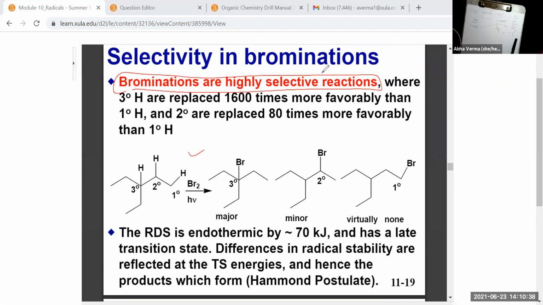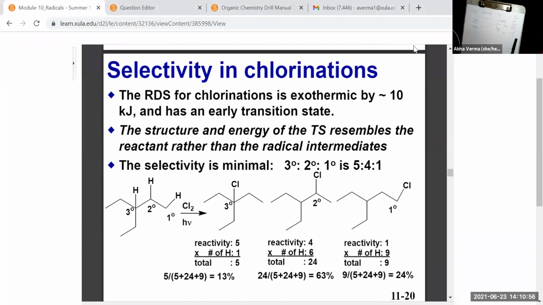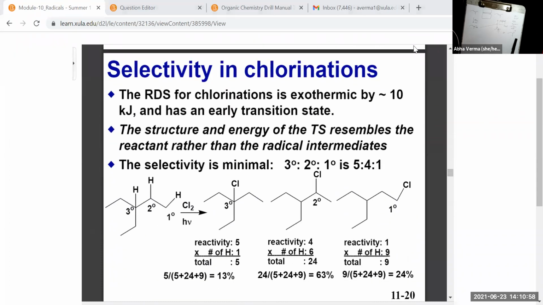So if you look at this example of primary, secondary, tertiary, it is a tertiary site where your bromine will be attached. You don't have to worry about the minor products.